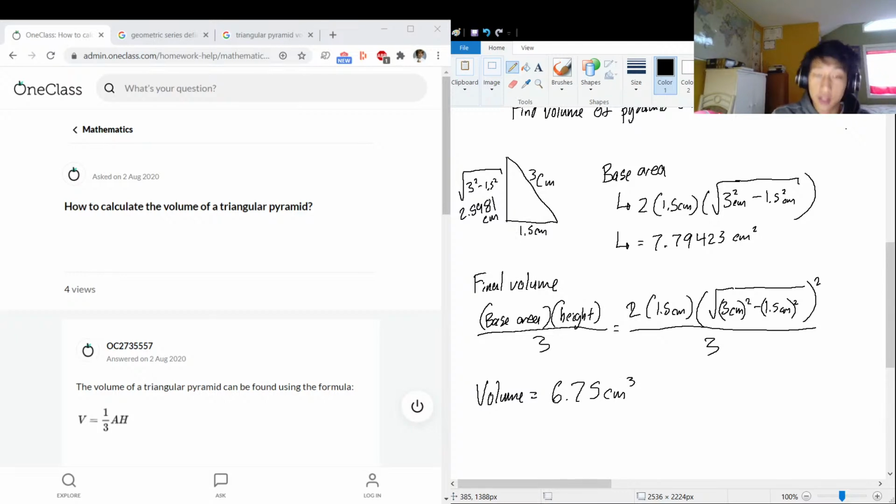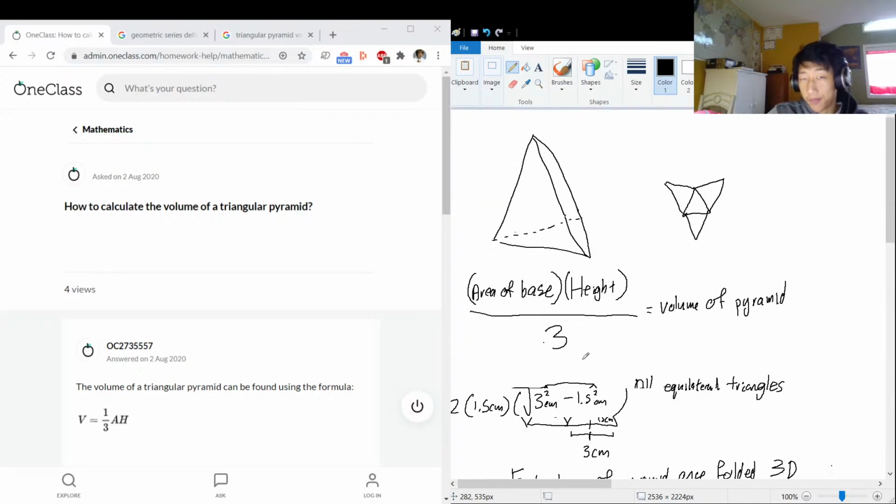That would be how we calculate the volume of a pyramid. You got to find the area of the base and you got to find the height. Once you got those, you multiply those two together, divide by 3, and that's the volume of the pyramid. Sounds good? I think so.